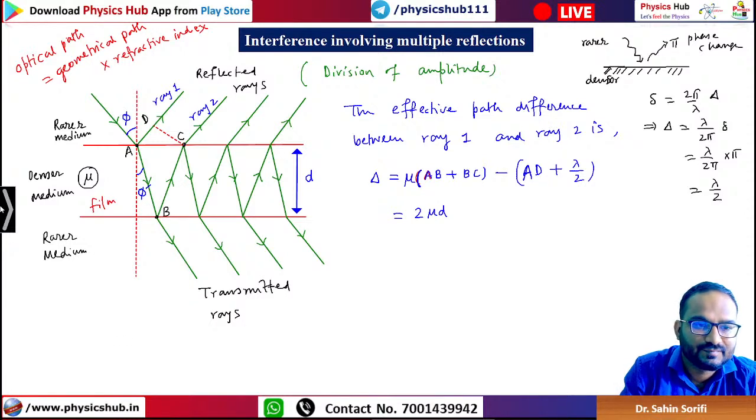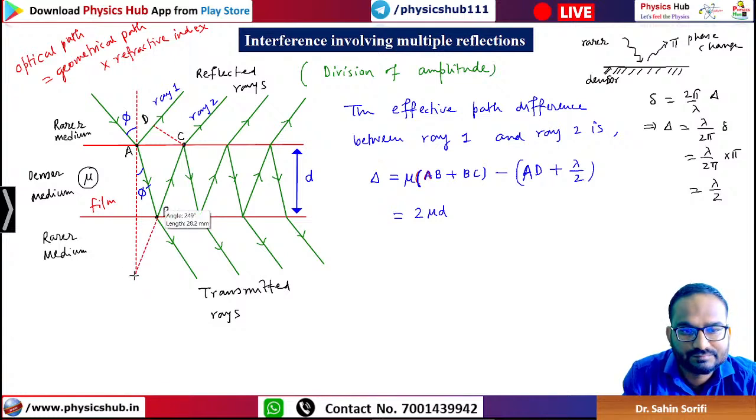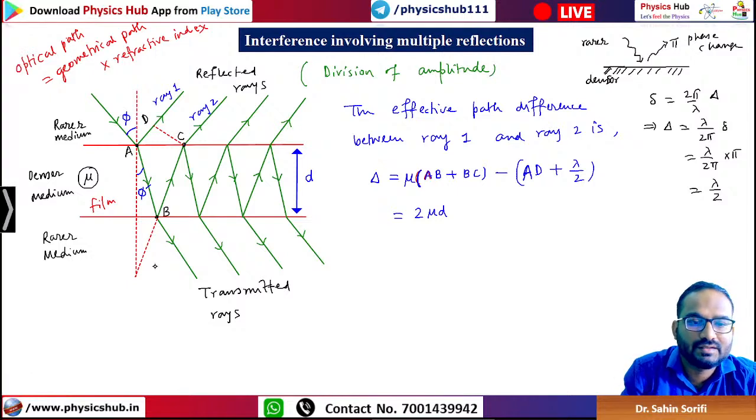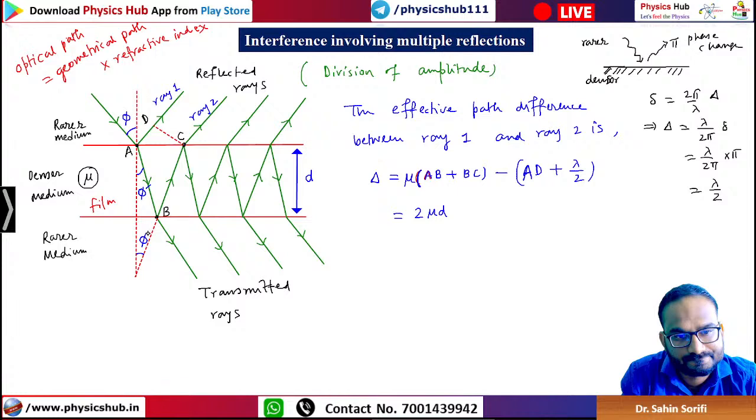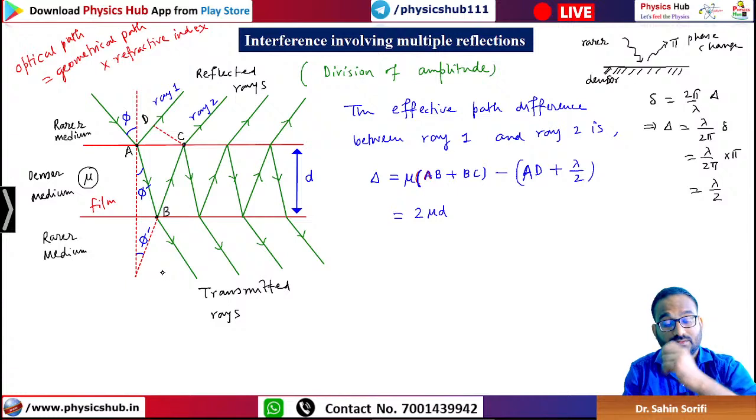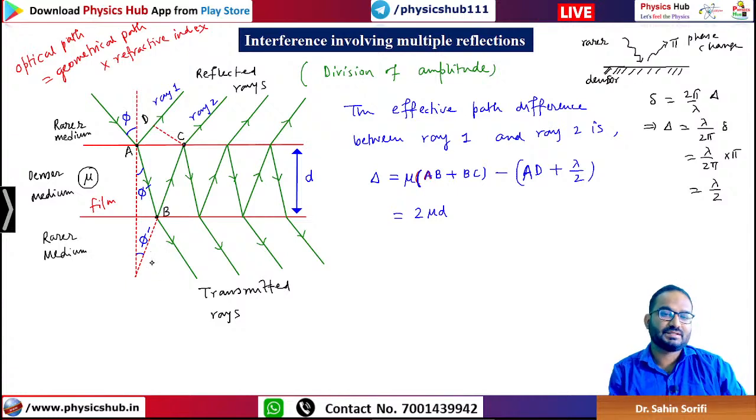Now if you take it in this way, this angle will automatically become phi prime. This and this distance are the same.